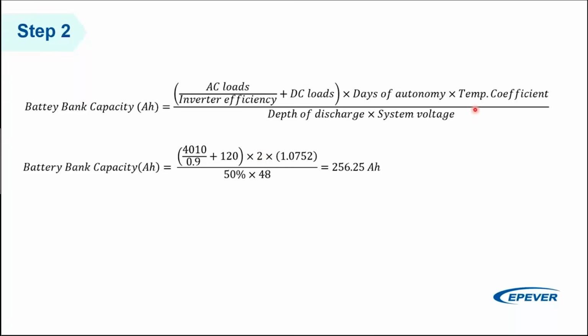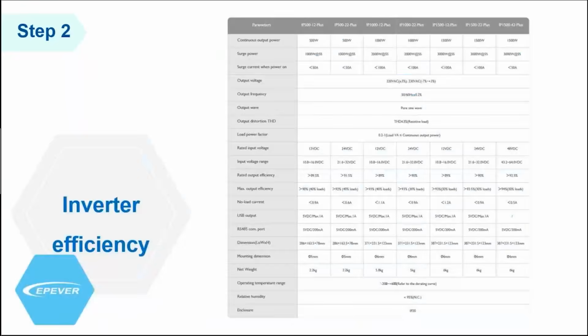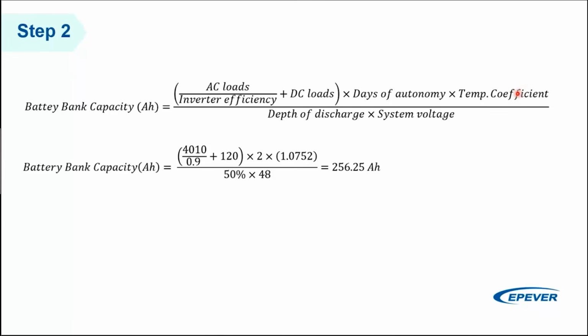And then you have the temperature coefficient. This temperature coefficient is actually the inverse of the temperature effect that you saw here. For example, if you are going to use a lithium battery at 10 centigrade, then you have this coefficient, and if you divide 1 by this number, you will get this temperature coefficient.